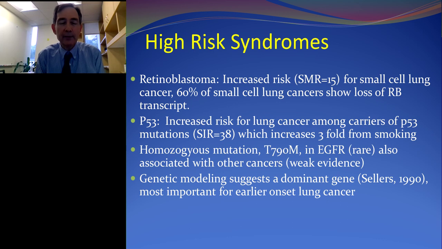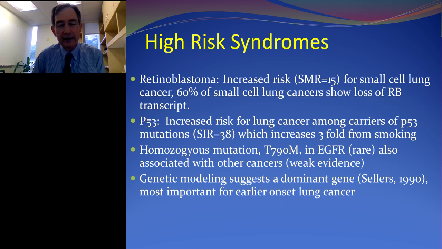People with P53 mutations are quite uncommon, but their risks for getting lung cancer are extremely high, and they increase if they smoke. And there is a homozygous mutation of EGFR, which is rare, that is associated with lung cancer. Groups have done modeling in families and showed evidence that in families there's a dominant genetic factor that can be inherited.